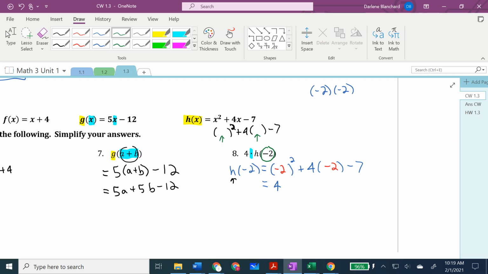It's okay. I have found that if you first write parentheses instead of the variable, and then take whatever it says here and put it in the parentheses, you save yourself on minor errors. And that makes sure that you realize that the entire -2 is squared, not just the 2. And then I have 4 times -2 gives me -8, and then -7, and then -11 if I can add on a Monday.